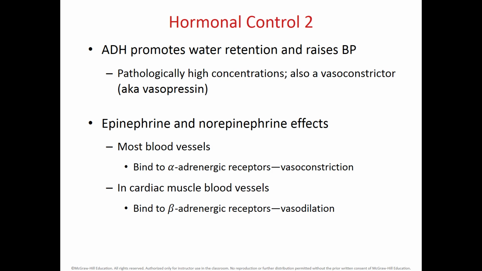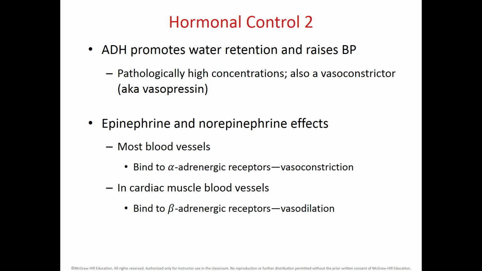Epinephrine and norepinephrine are a couple of hormones that are secreted by the adrenal medulla and also by the sympathetic nerve cells. So, whenever you have epinephrine and norepinephrine because you are stressed or you are scared, you will increase your blood pressure.